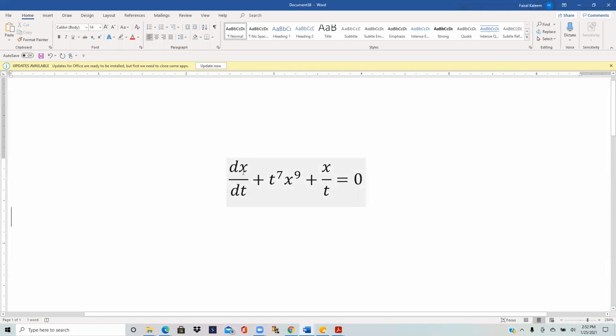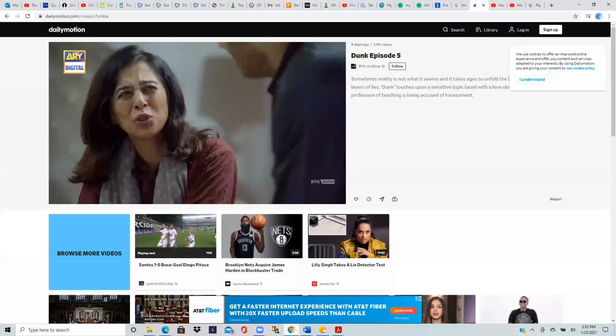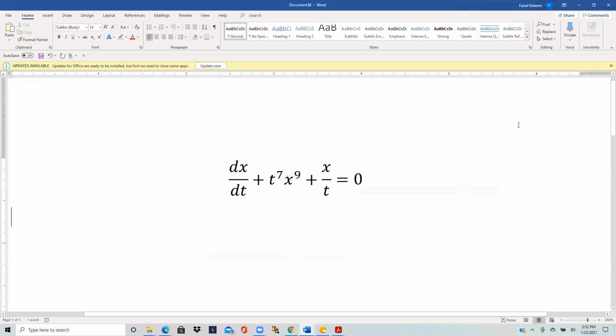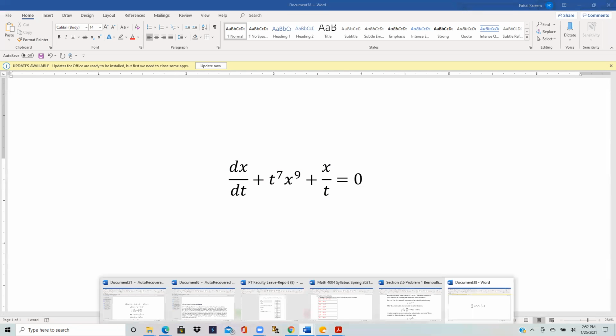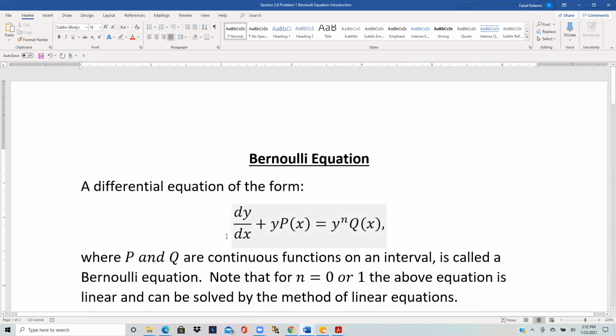Okay, the next equation is dx over dt plus t to the 7x to the 9 plus x over t. So this is unusual because we don't have the dy over dx. Remember, normally we have this situation, we have dy over dx plus y p of x, or y times a function of x, equals y power n times a function of x.